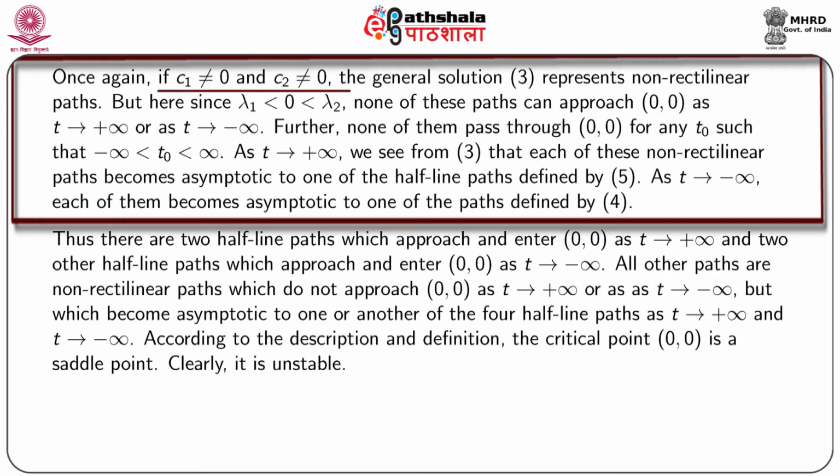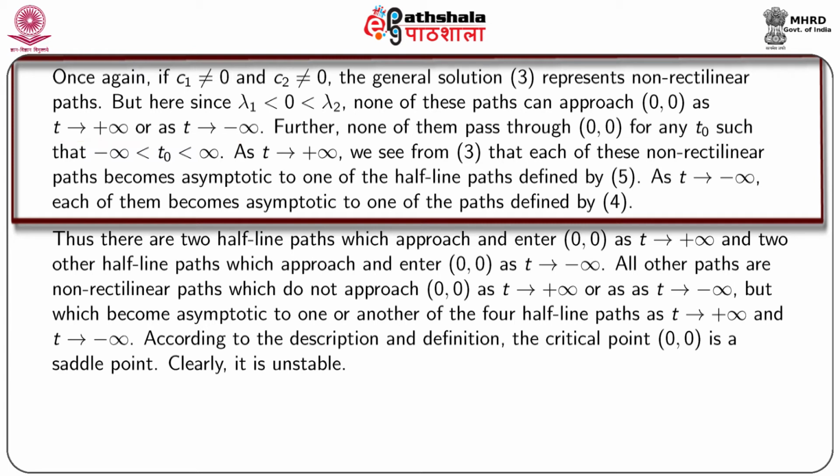And if c1 is not equal to 0 and c2 is not equal to 0, the general solution 3 represents non-rectilinear paths, and since lambda 1 is less than 0 and lambda 2 is greater than 0, none of these paths can approach 0 0 as t tends to plus infinity or as t tends to minus infinity.